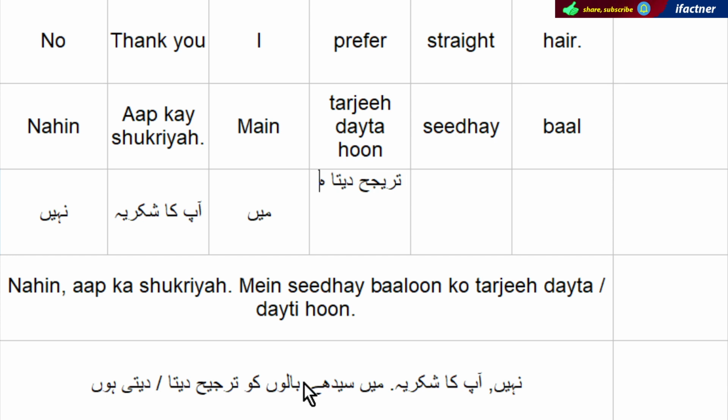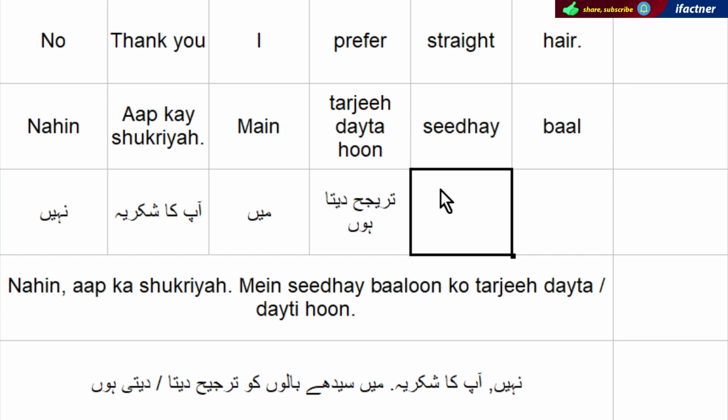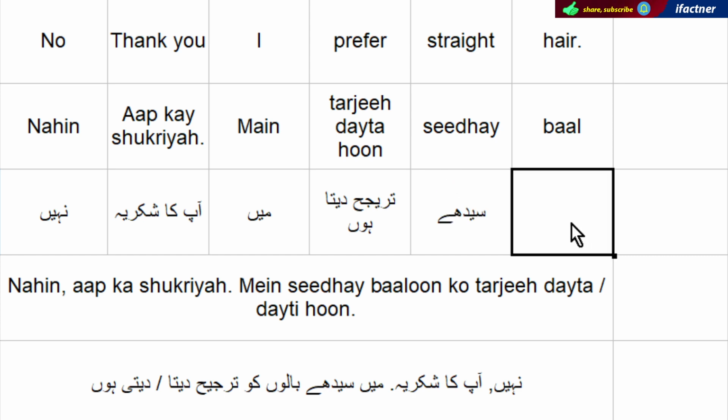Who is he, wow, and noon. Straight is सीधे. We write सीधे as सीन, ये, दाल, हे, बड़िए. Here are बाल, which is बे, alif, lam.